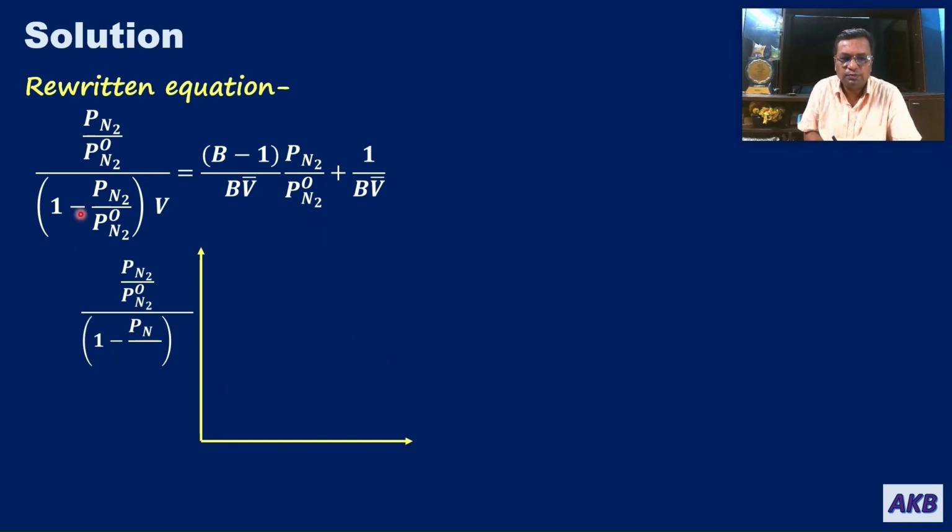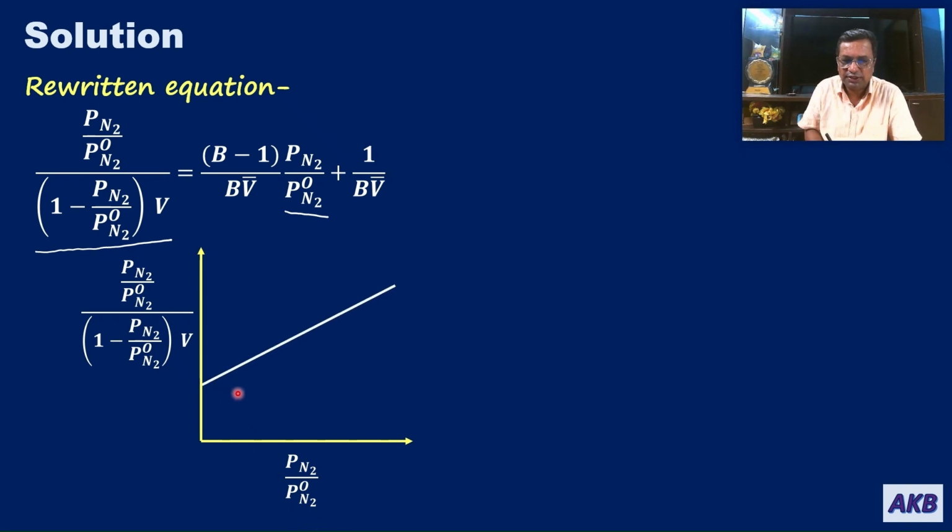How? If you plot Pn2 by Pn2 naught divided by 1 minus Pn2 upon Pn2 naught into V on the y-axis, that is, you are plotting this term on the y-axis, and you are plotting this term on the x-axis, Pn2 by Pn2 naught.